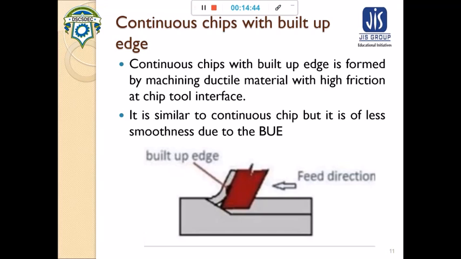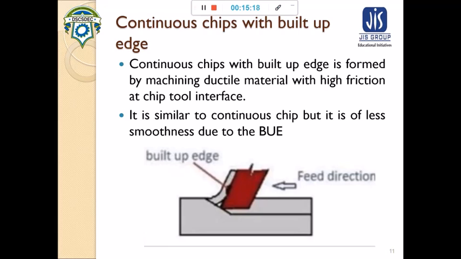Then, when the chip flows over the workpiece, due to friction, some of the material of the workpiece gets stuck or welded with the chip, and the chip forces that small amount of material out of the workpiece. This phenomenon is known as built-up edge formation.